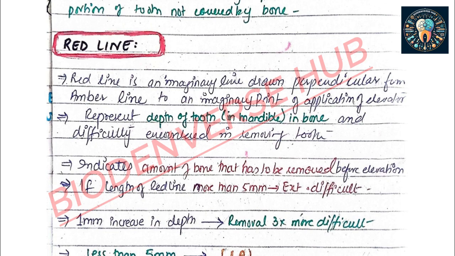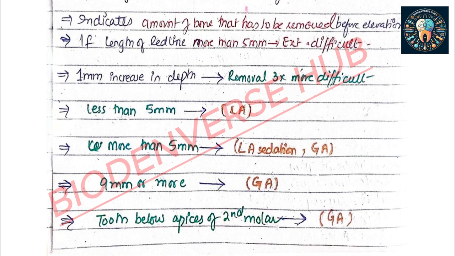Now we have certain measurements given that indicate the difficulty level. If the length of the red line is more than 5 mm, extraction is categorized as difficult. For every 1 mm increase in depth, the removal becomes 3 times more difficult. If the length is less than 5 mm, you can easily carry on the case under local anesthesia.